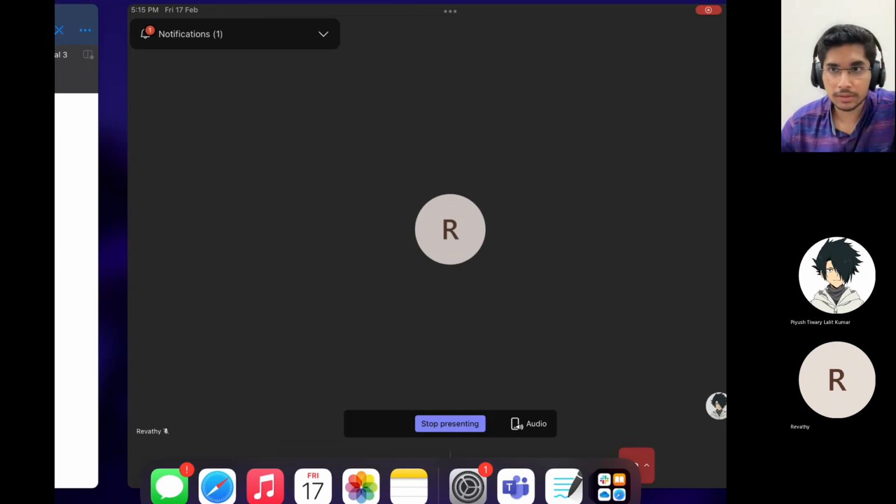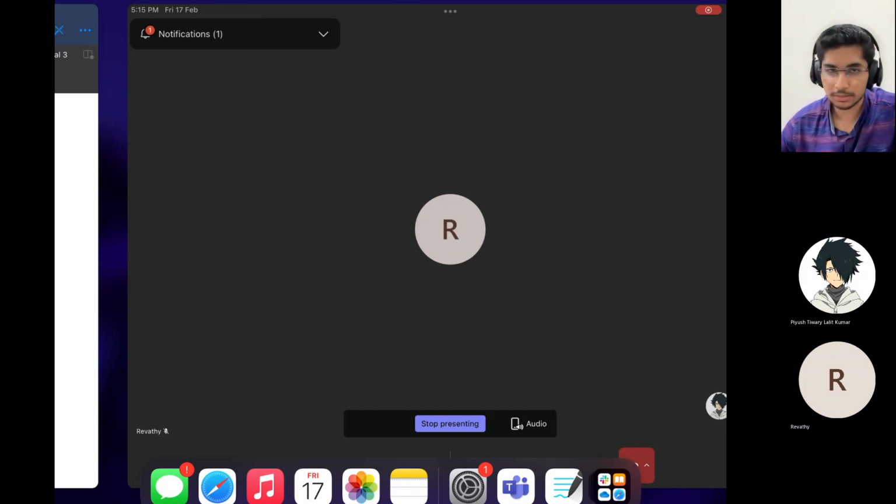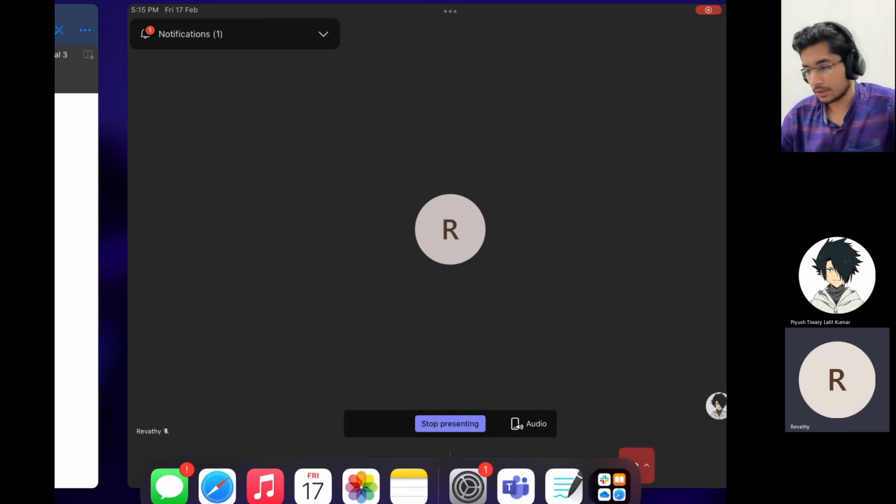My screen has frozen, I don't know if it is the case with just me. The screen is visible, right? You can see the screen moving. Yes, sir.